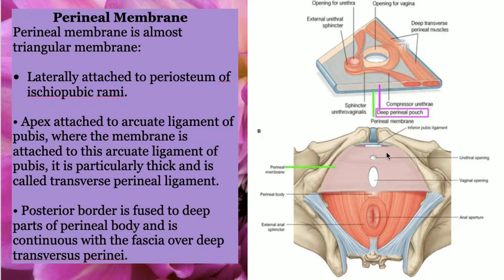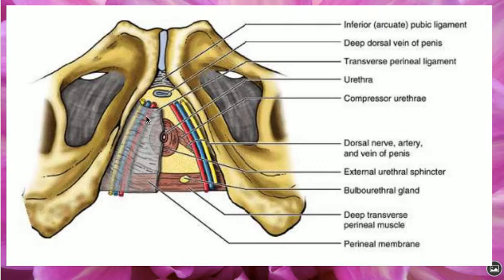The apex is attached to the arcuate ligament of the pubis, where the membrane is particularly thick, and here it is called the transverse perineal ligament. The posterior border is fused to deep parts of the perineal body over here and continuous with the fascia over the deep transverse perineal muscle. Here, this is your perineal membrane over here.